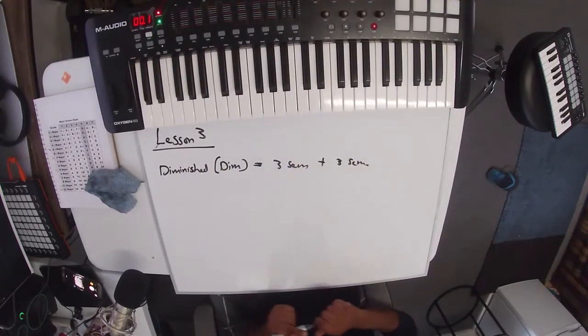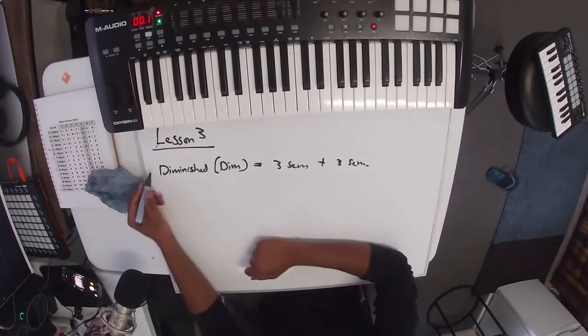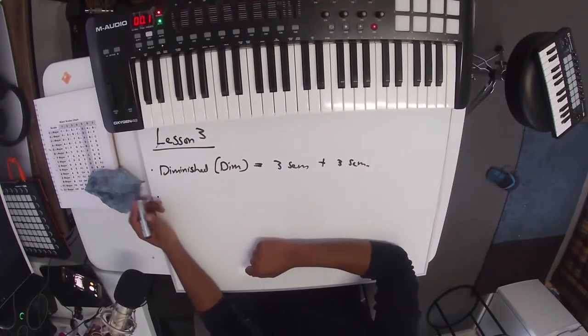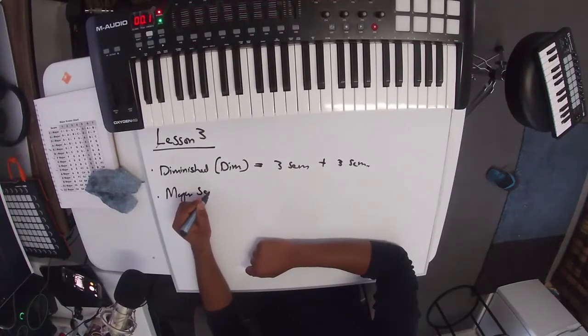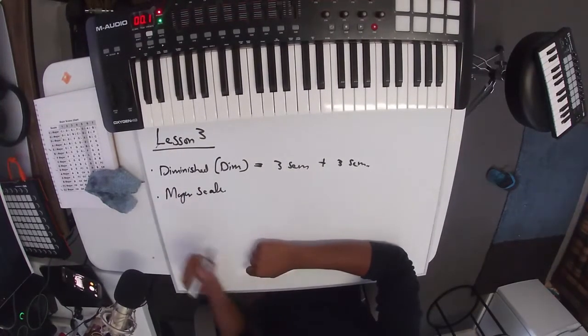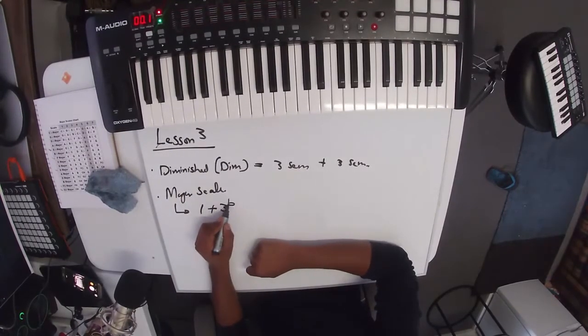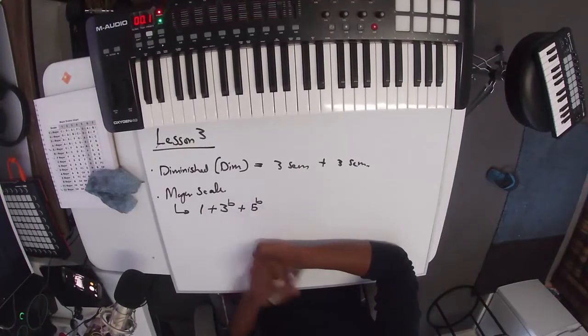That's B diminished. Actually, let me quickly show you using the major scale, because it's not that difficult anyway. Using the major scale, it will be 1 plus 3 flat plus 5 flat.